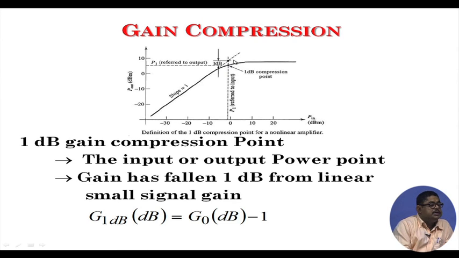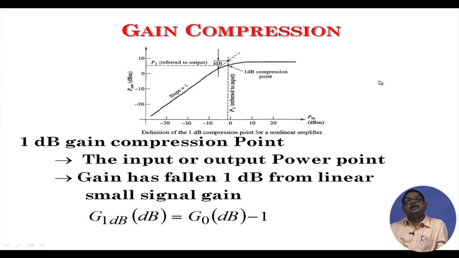I always know where this point is, and I check whether the difference is 1 dB, because had I checked it here, I would have seen that the difference between the linear thing and the actual thing is not 1 dB. But the moment it becomes 1 dB, we characterize that in the actual graph this point represents the 1 dB compression point, this point also represents the 1 dB compression point. This is the input 1 dB compression point, this is the output 1 dB compression point.